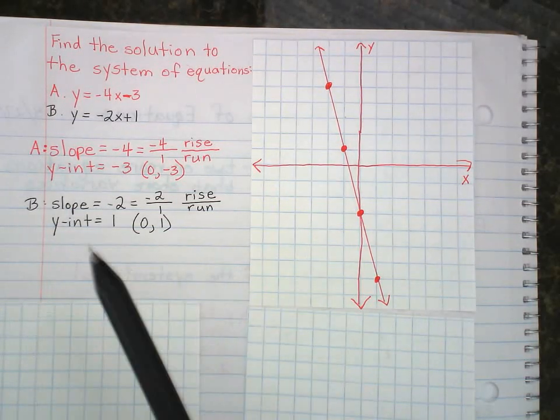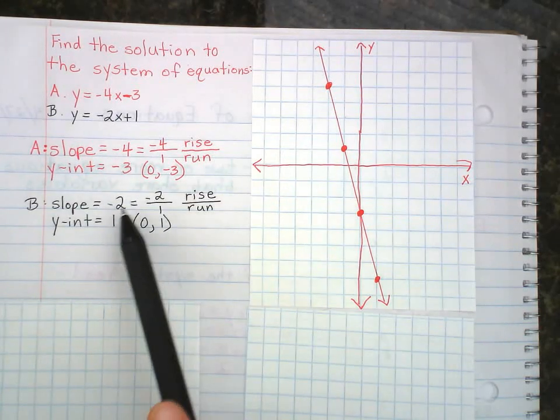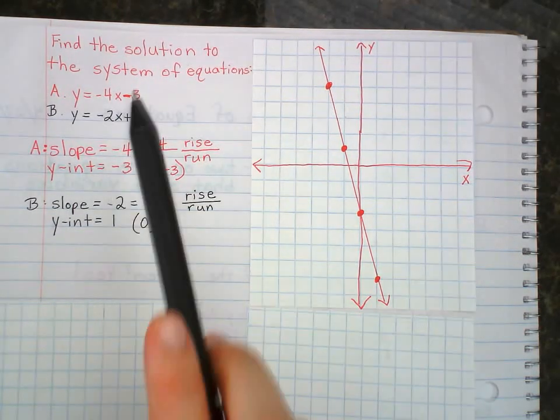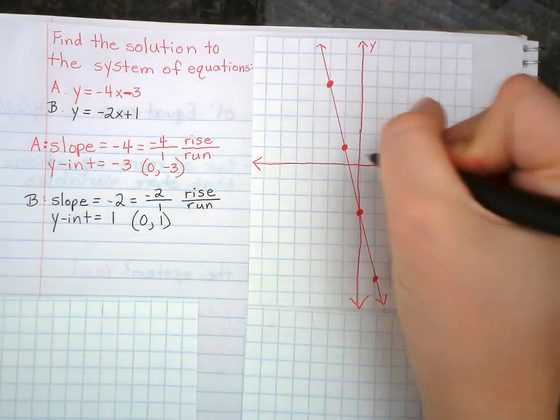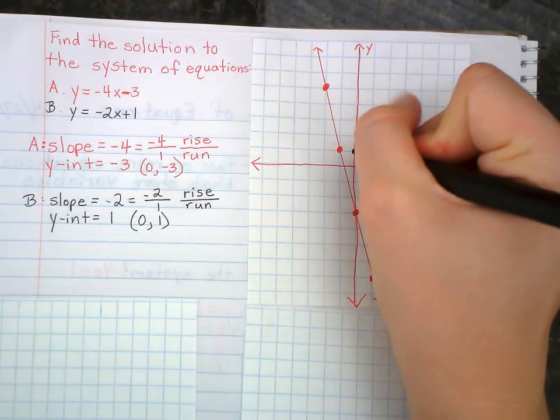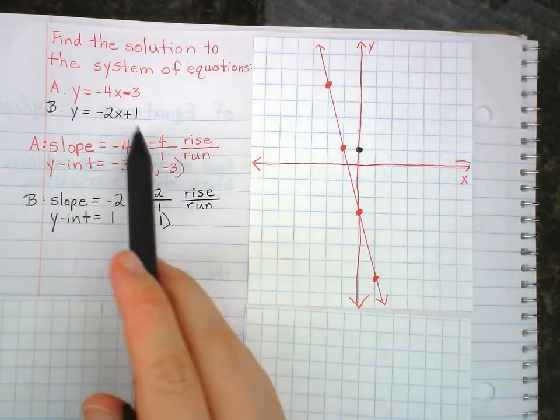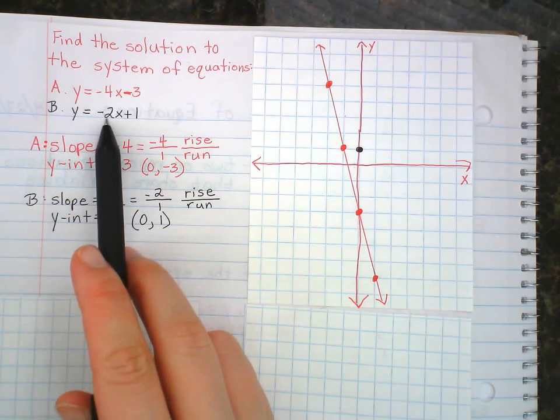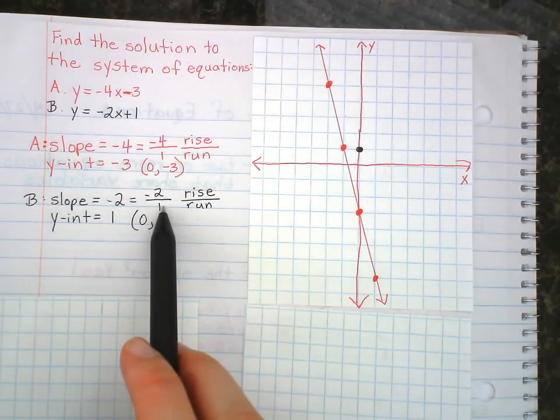Okay, so take that in. Negative 2 is our slope. 1 is our y-intercept, positive 1. So we're on the y-axis at positive 1. Then we follow our slope, negative 2. So down 2, right 1.